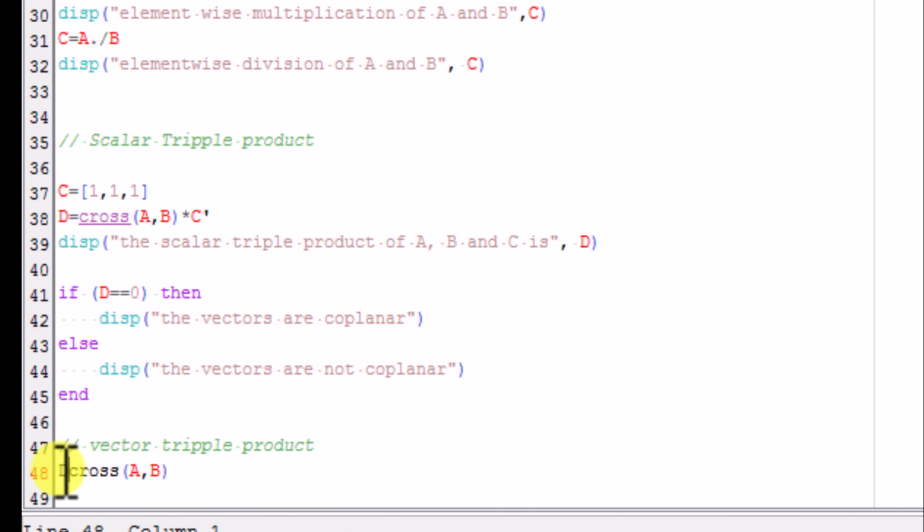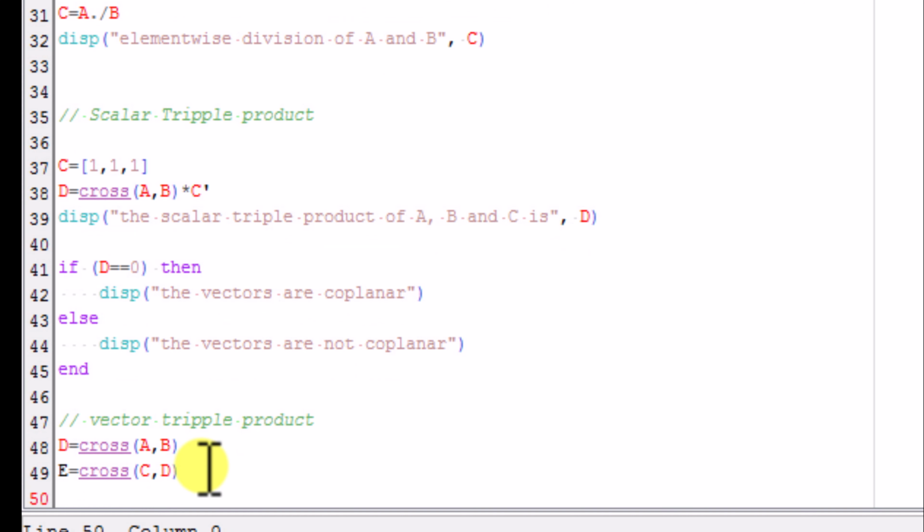Let us assume it as d. So we have saved the cross product of a and b in d. Now take another vector, and we will take the cross product of c and d. This is the way we have taken the triple cross product.